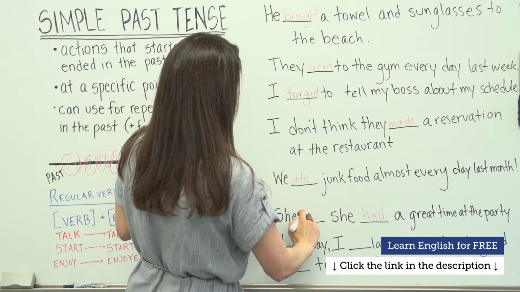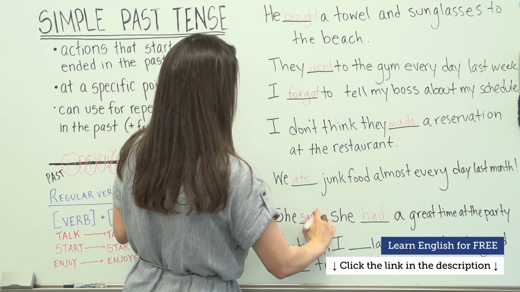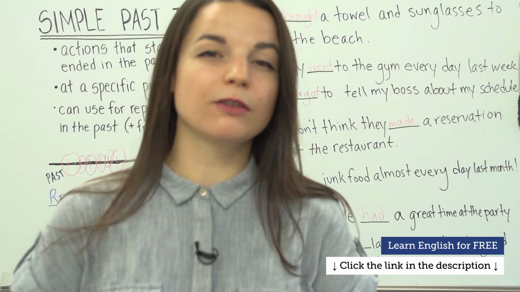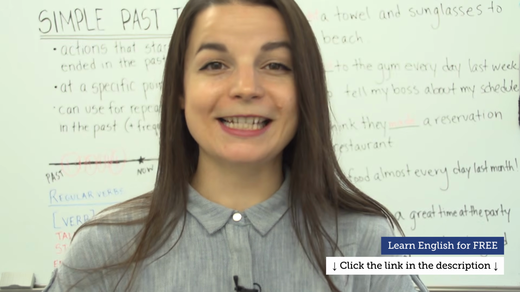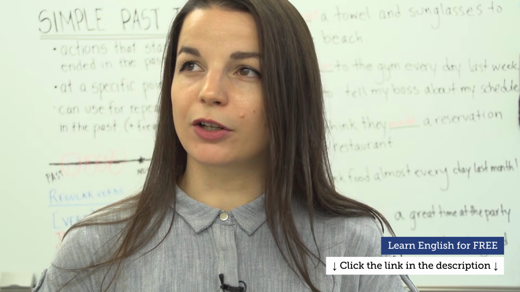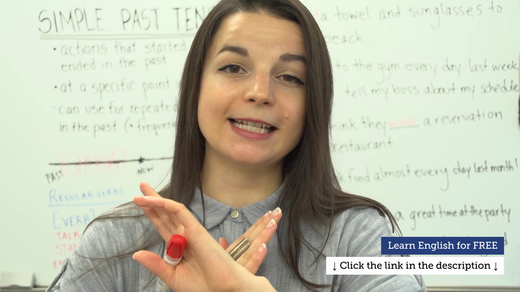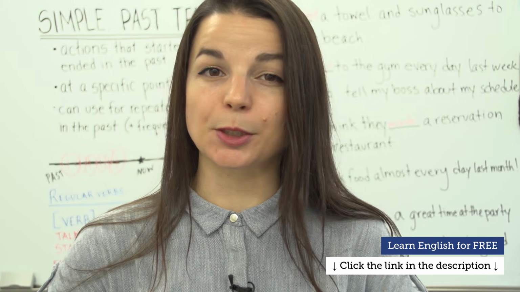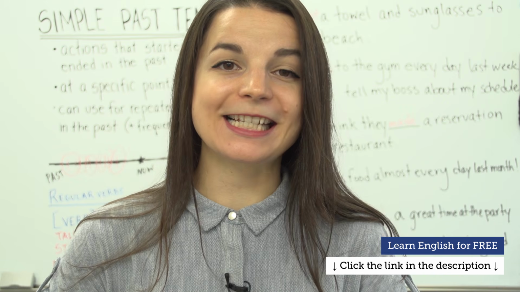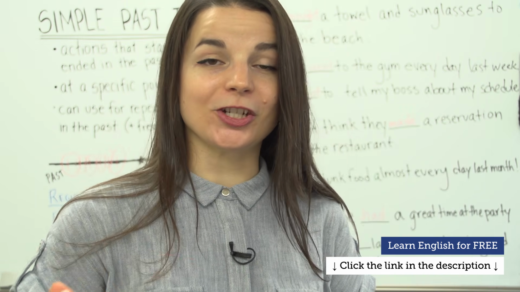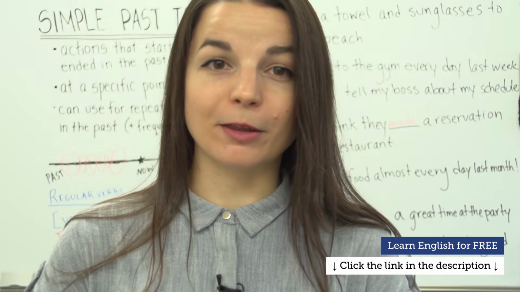So, she said she had a great time at the party. Okay. Please be careful of your pronunciation with the word said. A lot of people I've heard use the wrong pronunciation. That is not correct, so please use said. It sounds like S-E-D, the pronunciation, but it's said. S-A-I-D is the spelling. Say becomes said. She said she had a great time at the party.